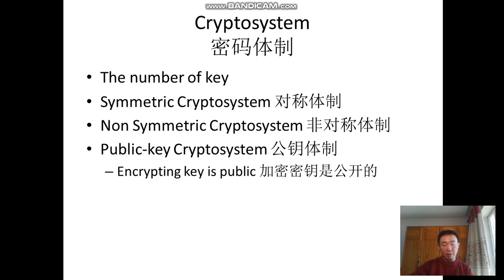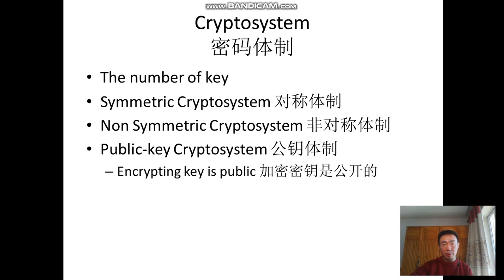And the Caesar system is a symmetric crypto system. It's a typical one of this type. And there is a non-symmetric crypto system. It means that KE and KD are not equal to each other. Among the non-symmetric crypto systems, there is one special type called public key crypto system.